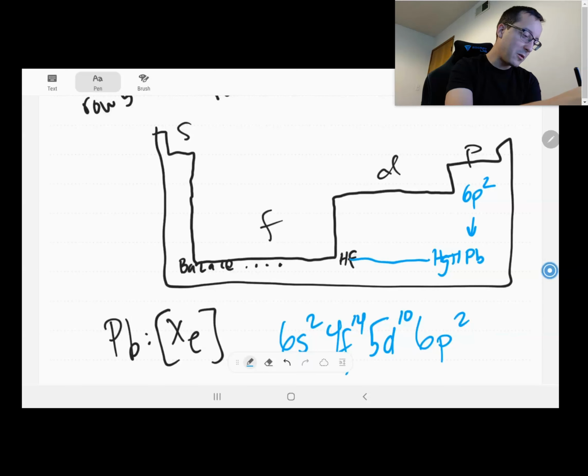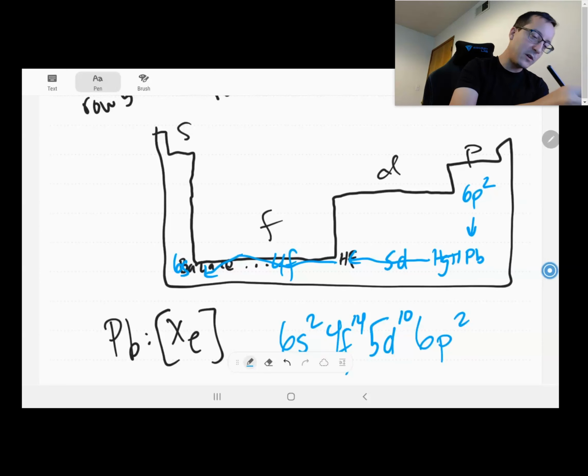So moving backwards, we're going through 5D, and then going backwards, this is getting so messy, I'm sorry, but that is 4F right there, and that's 6S, and then we're at xenon, which is where we started. Alright, so it's really nothing new necessarily, Zoe, it's just putting in that F block before the D block.